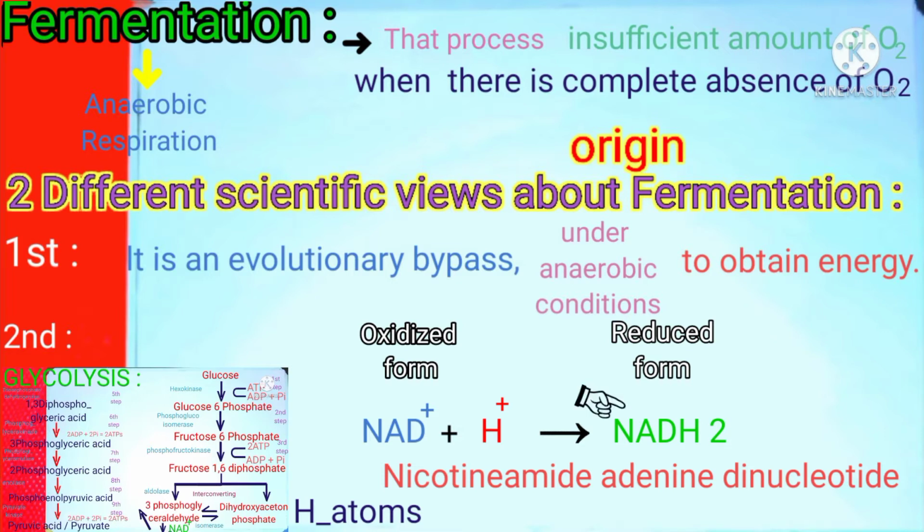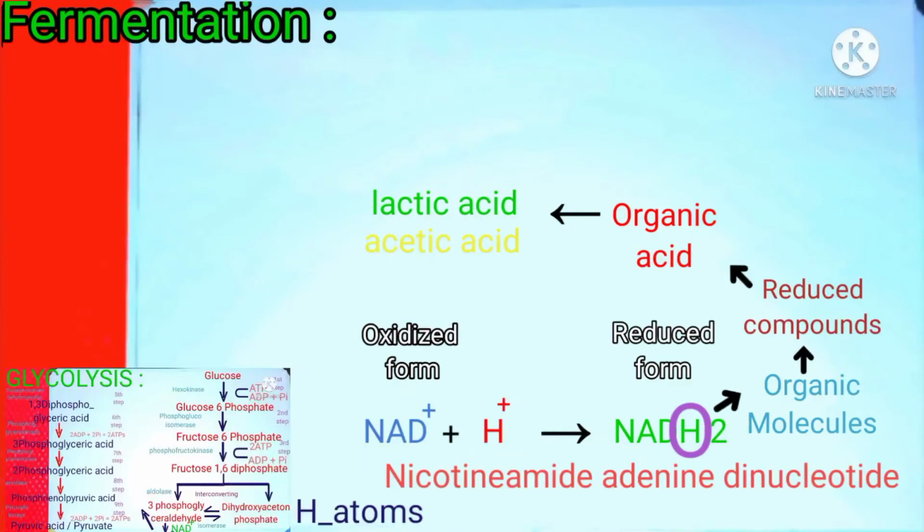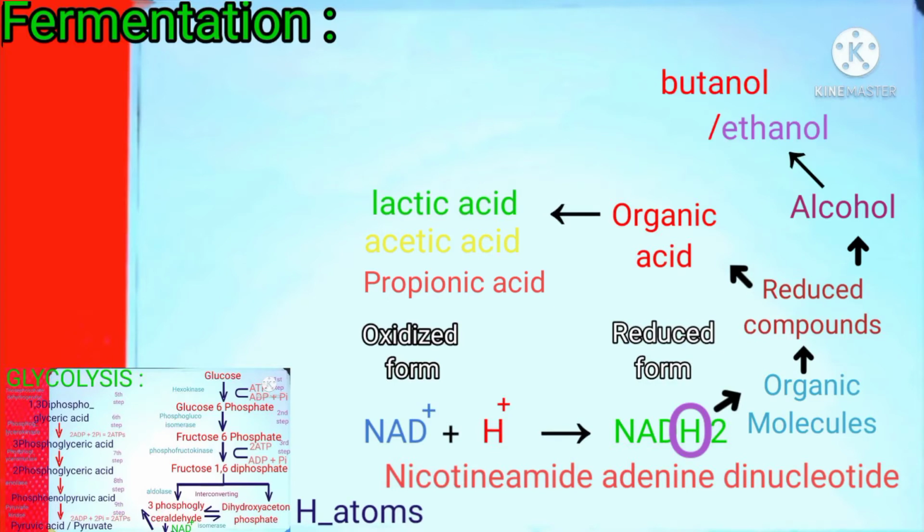This NADH2 molecule possesses hydrogen atoms which are then transferred to organic molecules, and these organic molecules, by taking hydrogen atoms, are converted to reduced compounds. These reduced compounds can be an organic acid like lactic acid, acetic acid, propionic acid, or an alcohol. This alcohol can be in the form of ethanol or butanol.